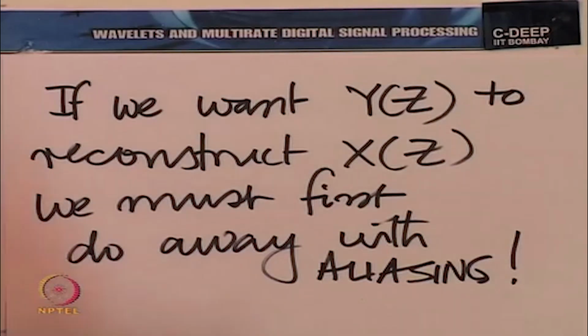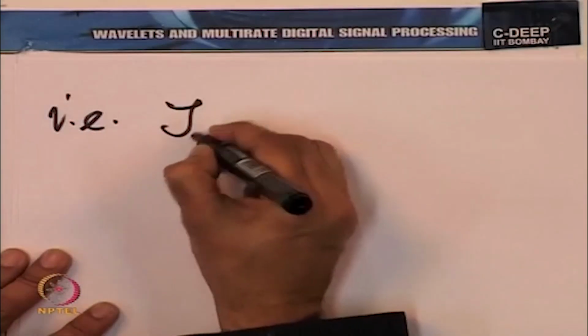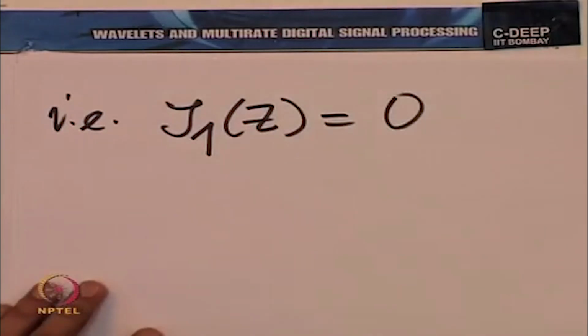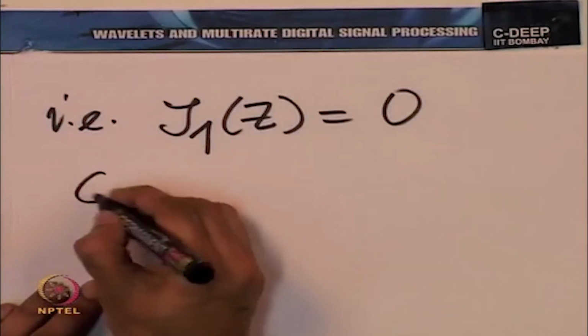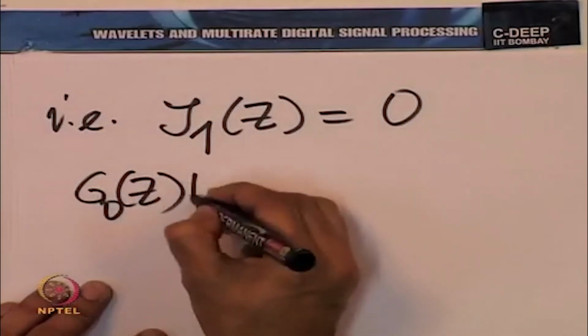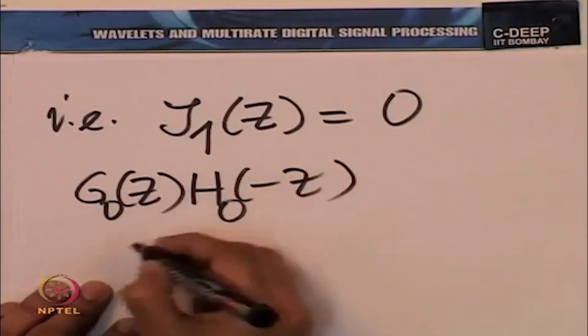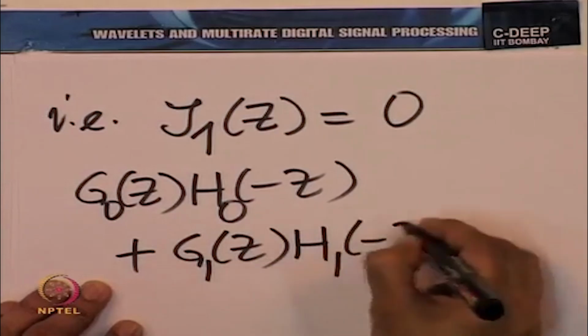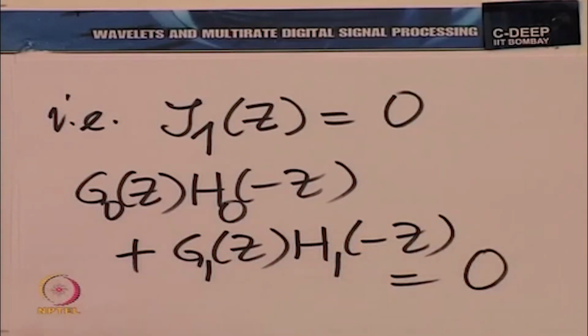And how can we possibly do away with aliasing? That essentially means we want tau 1 z to be equal to 0, or in other words, we want g 0 z h 0 minus z plus g 1 z h 1 minus z equal to 0.